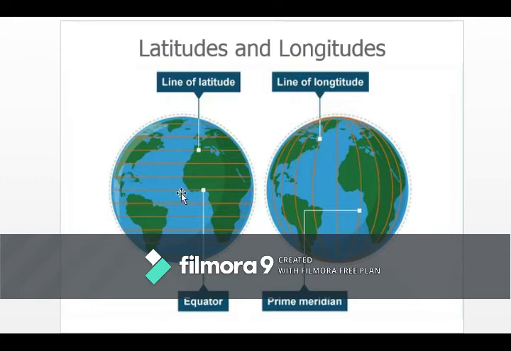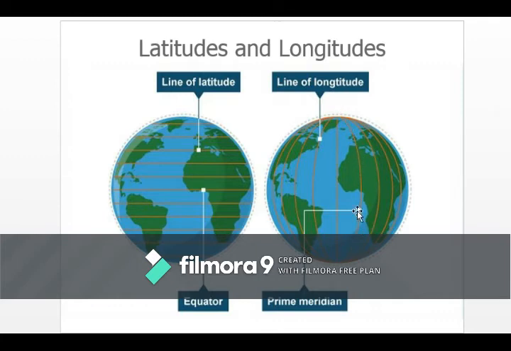But if we discuss a horizontal line in the center, it means the middle. So for the lines of latitude we use the equator, which we define as the middle line passing through the middle of the earth. And in the case of lines of longitude, the central line is the prime meridian.